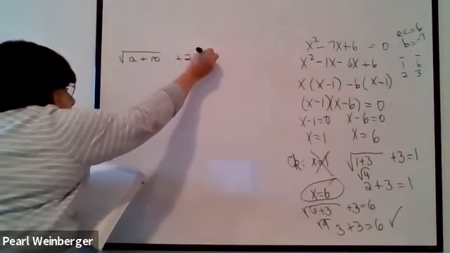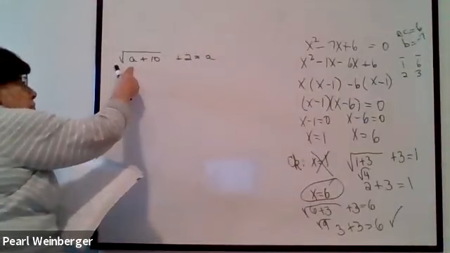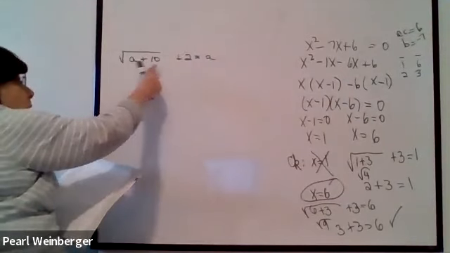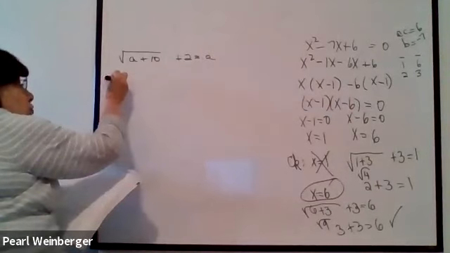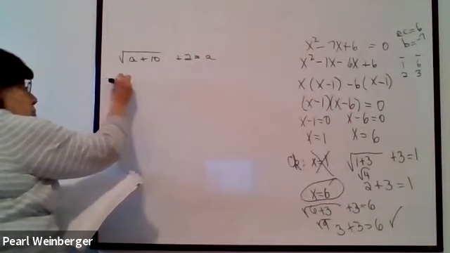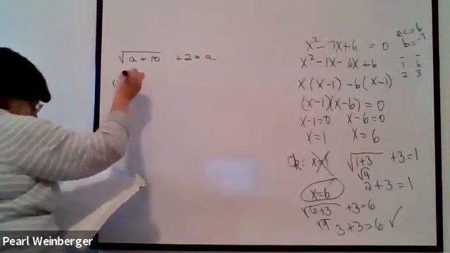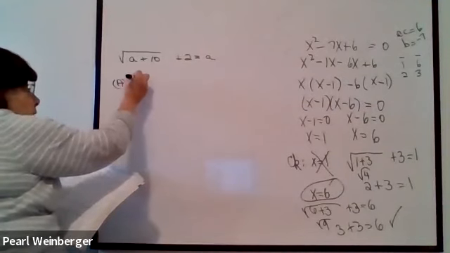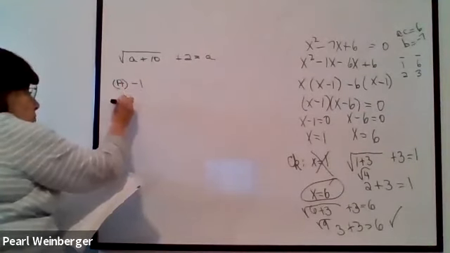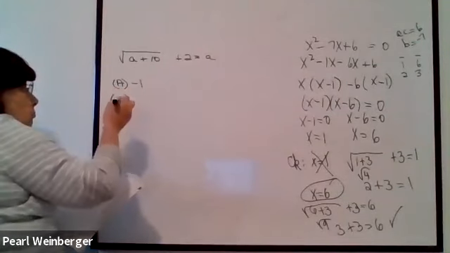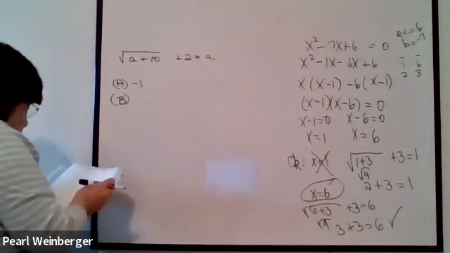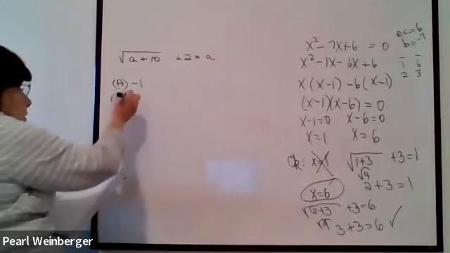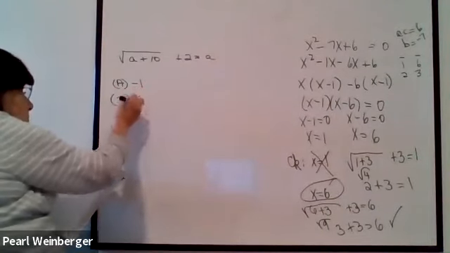Okay, here's the problem I want you to solve. The square root of a plus 10 plus 2 equals a. And here are your choices. This is a multiple choice. Choice 1, -1. Choice 2, 6.